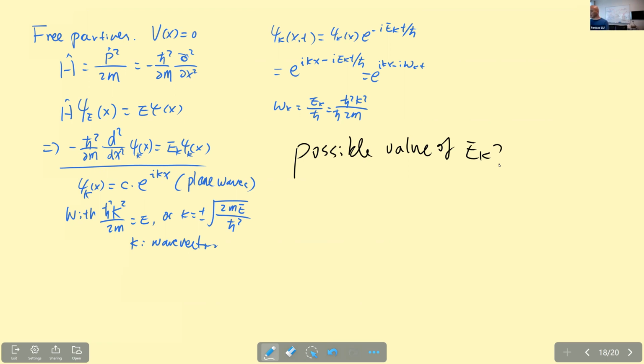And to do this, first of all, this plane wave cannot be normalized, as we have said before, right?